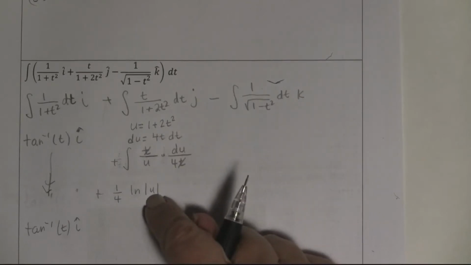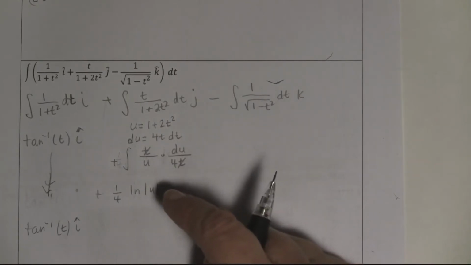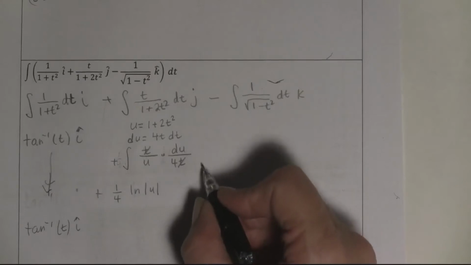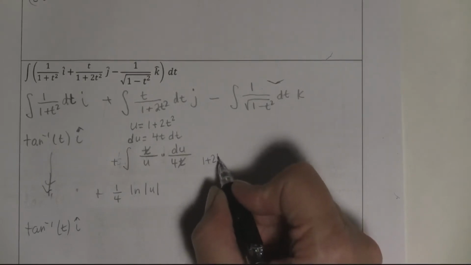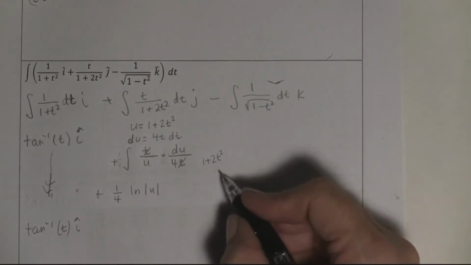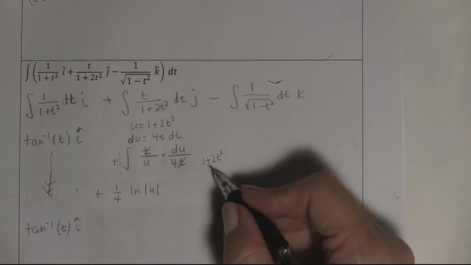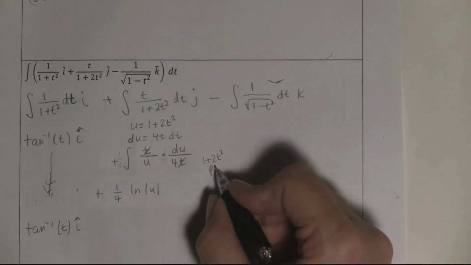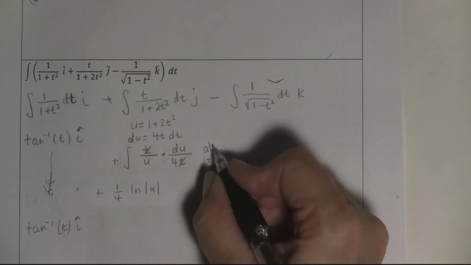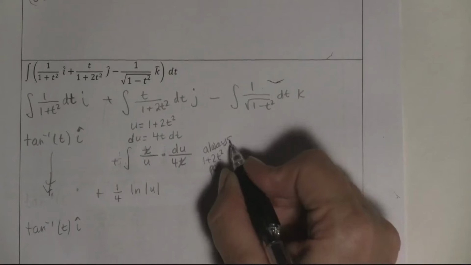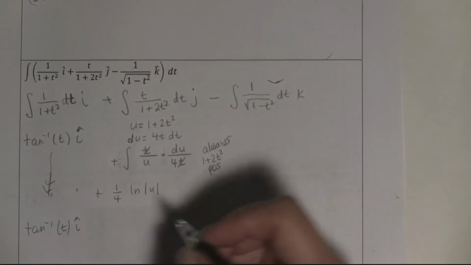So that would go in here. Now here's where I don't need the absolute value, because 1 plus 2t squared is always positive. If you square a negative, for all values of t this value would be positive. So since this is always positive, I don't need the absolute value.